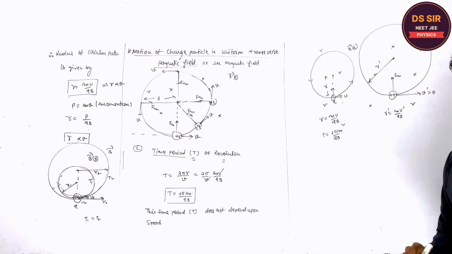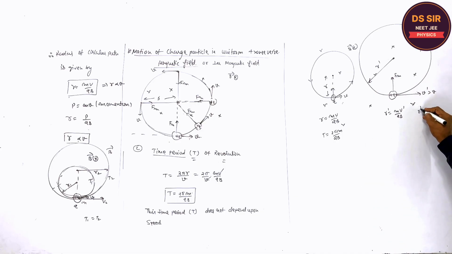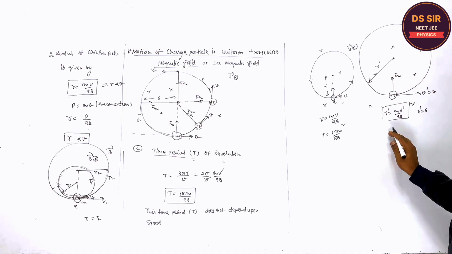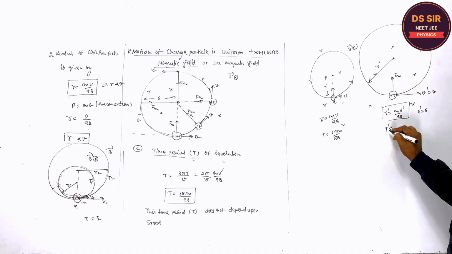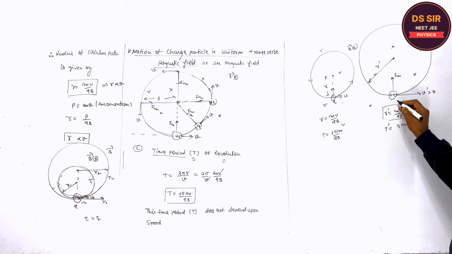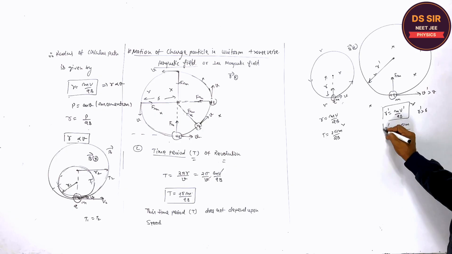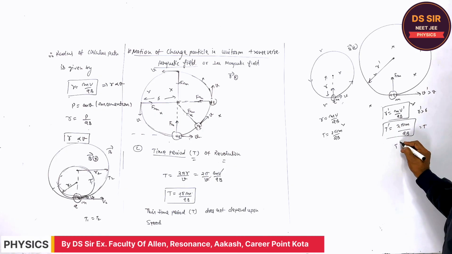Is it clear or not? Yes. Because v dash is greater than v, therefore r dash is greater than r. So the radius of the circular track is increased, but if you consider the time, it is 2 pi m, m is the mass, upon q into B. So is it the same or not, you tell?